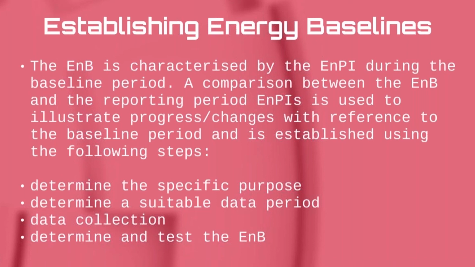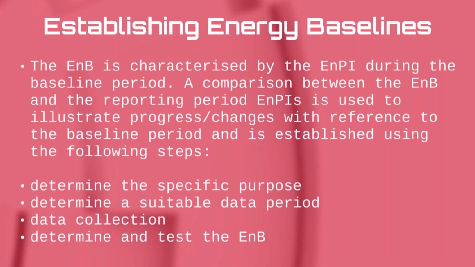Determining the baseline period. The baseline and reporting periods should be long enough to ensure that the variability in operating patterns are accounted for by the EnB and the EnPI, and typically these periods are 12 months to account for seasonality. You could do it more frequently than that if you have established that seasonality isn't a relevant variable.